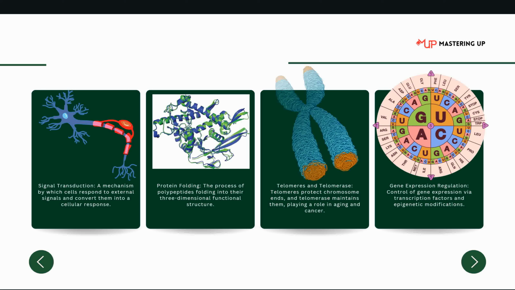And then telomeres and telomerase. Telomeres protect the chromosome ends. That is, the telomeres are found at the ends of the chromosome, while telomerase is an enzyme which maintains the telomere sequence, and it plays a major role in aging and preventing cancer.